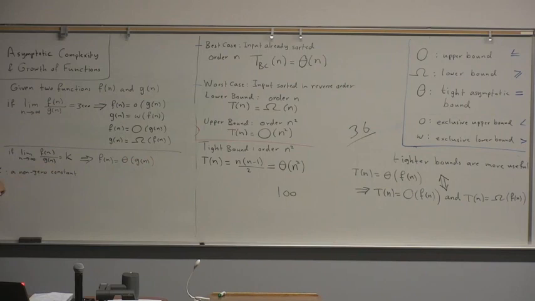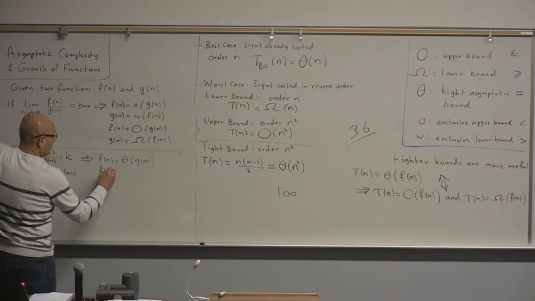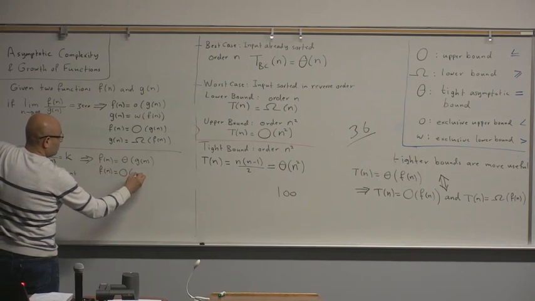So if the limit of the ratio at infinity is a non-zero constant, then they're both of the same order. But we can also make other statements here. We can say that f of n is also big O of g of n.